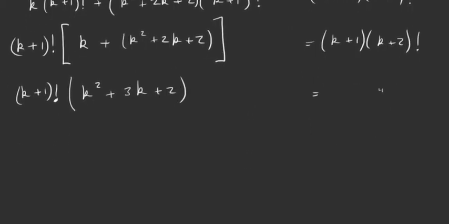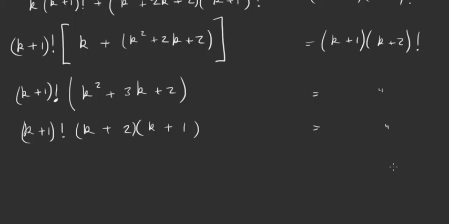Now, on the left-hand side here, we end up with (k plus 1) factorial. This is a quadratic trinomial here, so we can simply factorize that, and we end up with (k plus 1) factorial times (k plus 2) times (k plus 1).